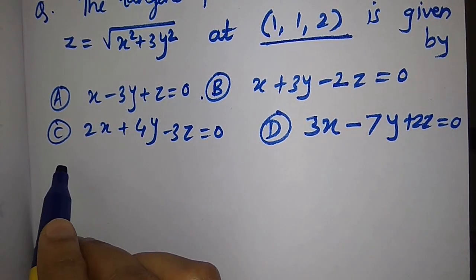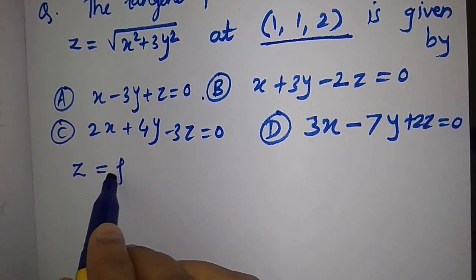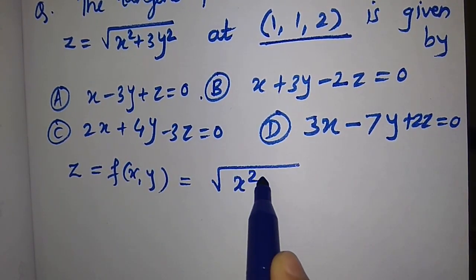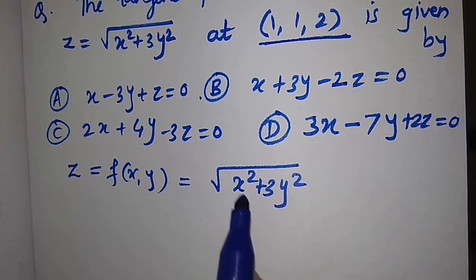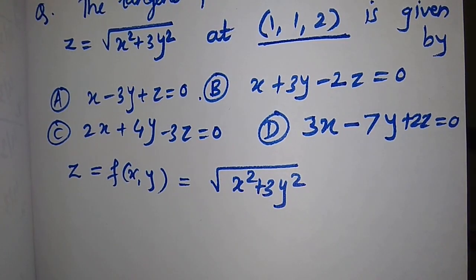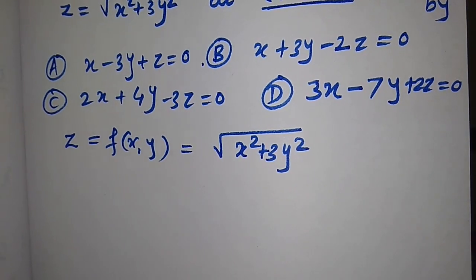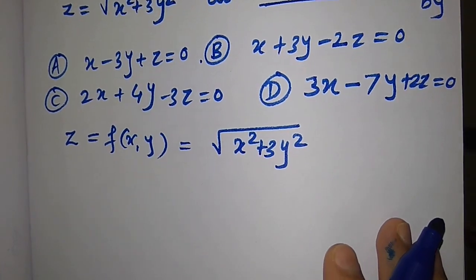So write this z is equal to f of (x, y), which is equal to square root of x square plus 3y square. And now you just use the tangent plane approximation to find out the tangent plane to the surface.